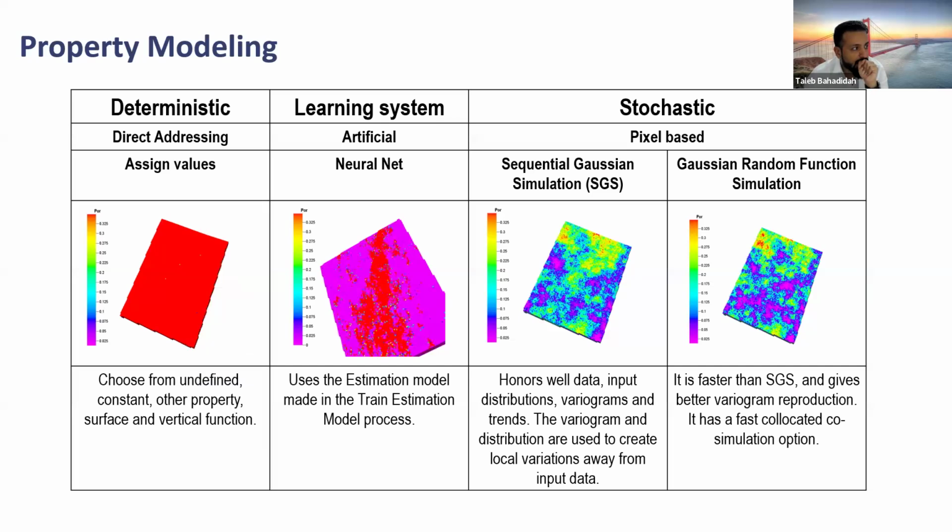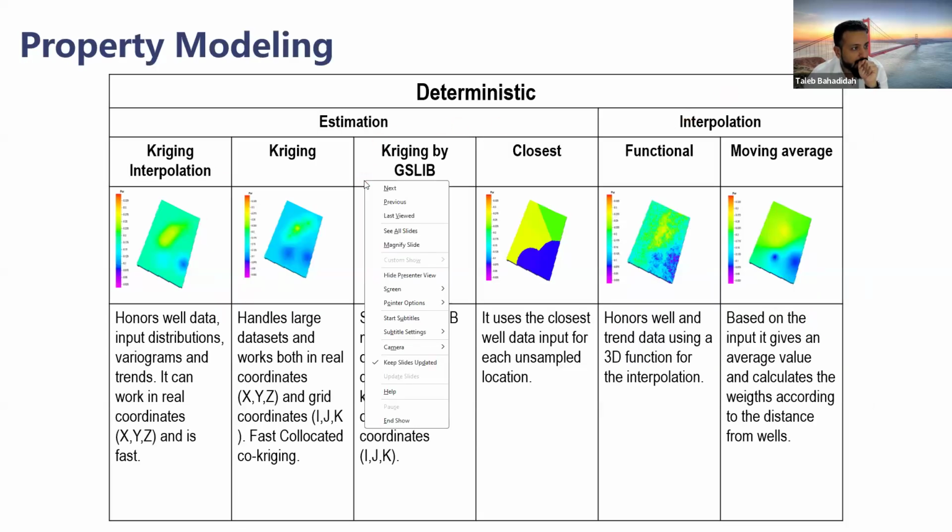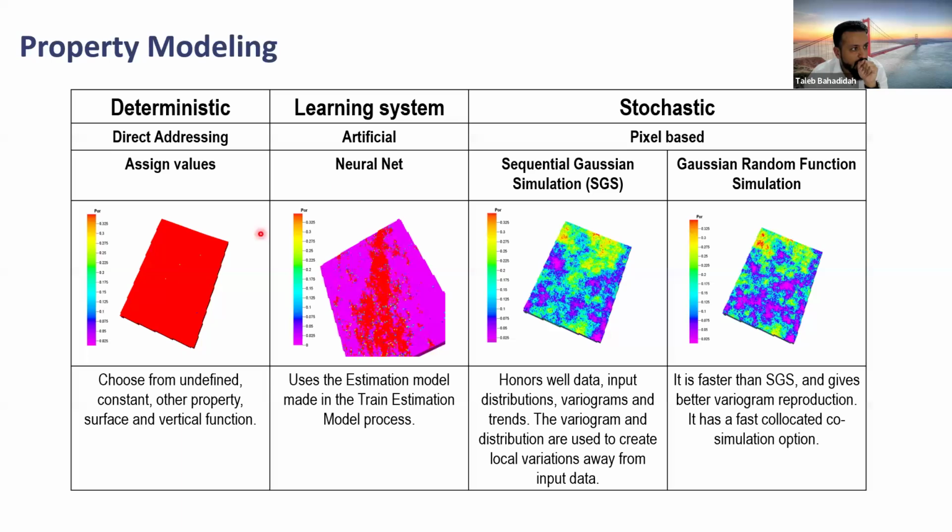Still we are in deterministic, assigned value. And we have also artificial neural network work. We can use it also for physical properties. And we have stochastic. Stochastic, which is pixel-based, we have two common methods, which are SGS, sequential Gaussian simulation, and Gaussian random function simulation.